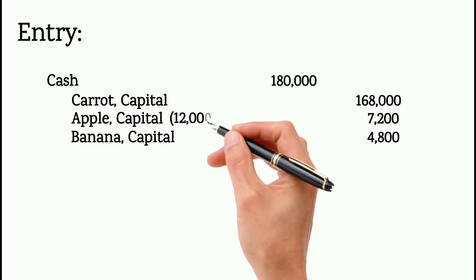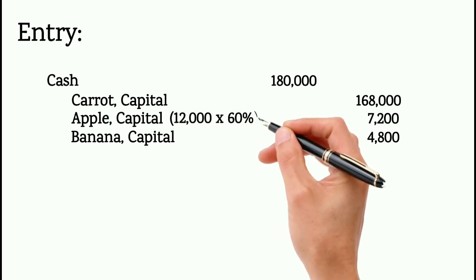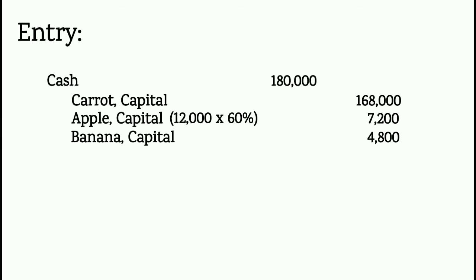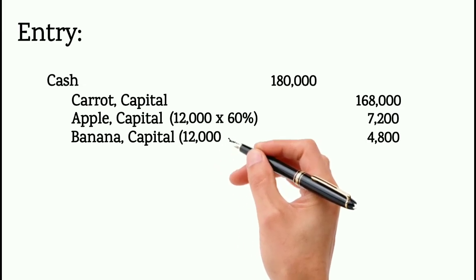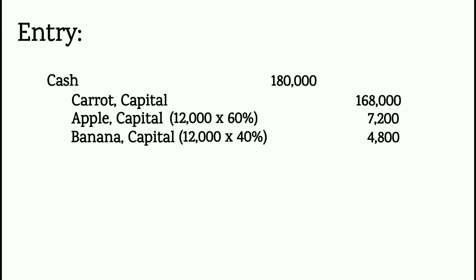This is not deducted from their capital. For Apple, 12,000 pesos times 60%, that is equal to 7,200 pesos. And for Banana, 12,000 pesos times 40%, that is equal to 4,800 pesos.